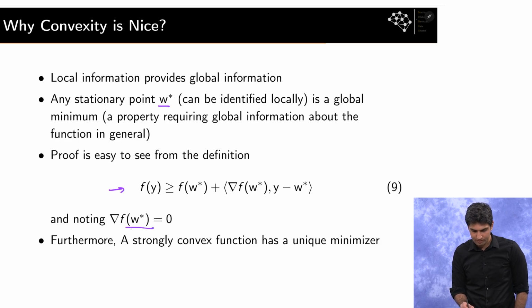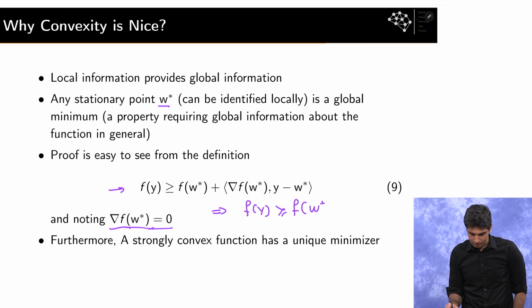So if we replace the gradient to be 0, what we're going to get is that f of y is greater than or equal to f of w star for all y. So for any other solution y, the value that I get is going to be larger than the value that I get from this stationary point, okay?